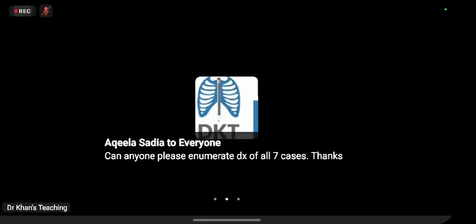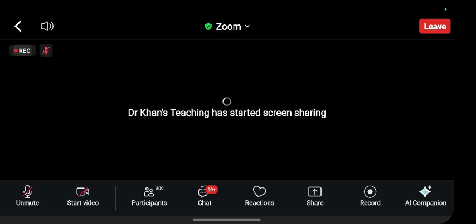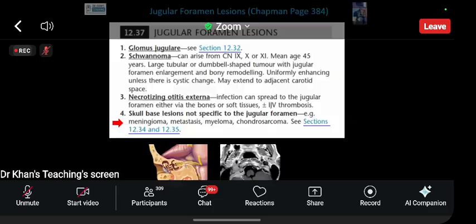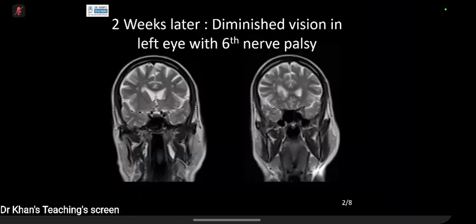I will show you in PowerPoint mode, so your viva case will be in PowerPoint. So 2 weeks later, the patient presented with diminished vision, left eye, with left sixth nerve palsy, which is the lateral rectus, right?